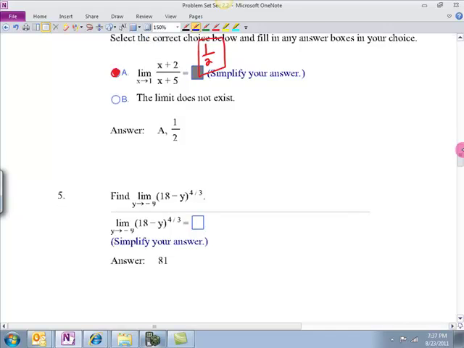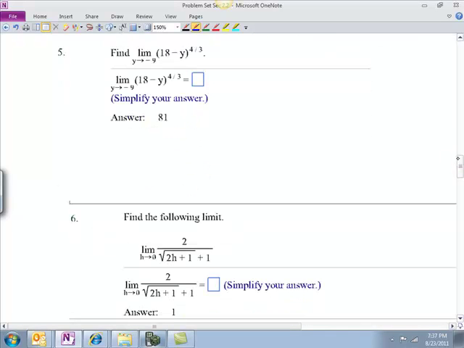Is there any reason we cannot substitute -9 into here? We could substitute. Okay, let's try it. 18 minus -9, all of that raised to the 4/3 power.